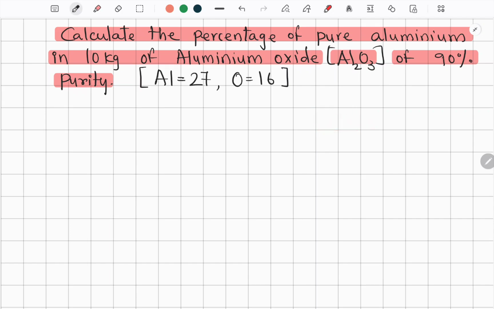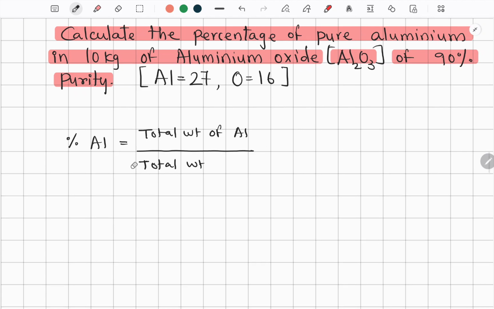So let's try to solve this question first of all. When we calculate the percentage of any element, let's say percentage aluminium is equal to the total weight of aluminium in the given compound divided by the total weight of the compound. Here it's clearly mentioned that the total weight is 10 kg.